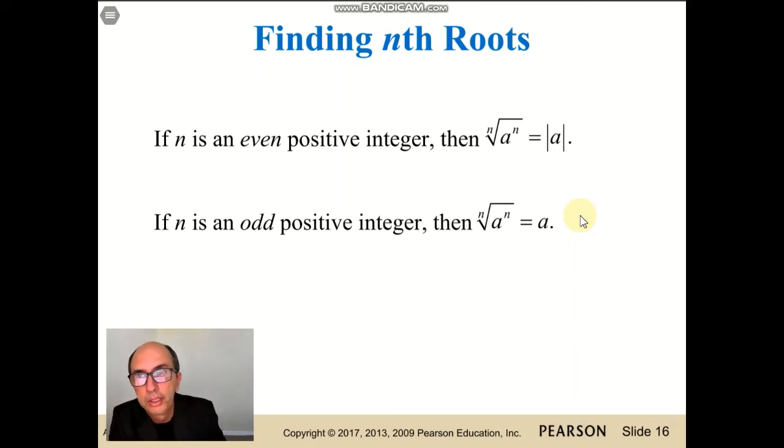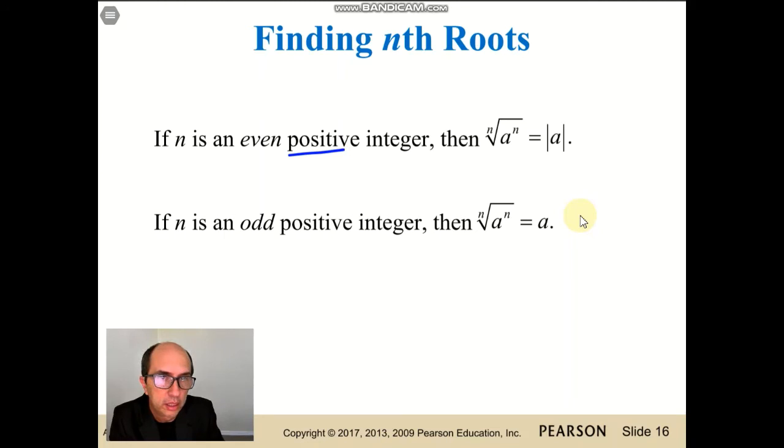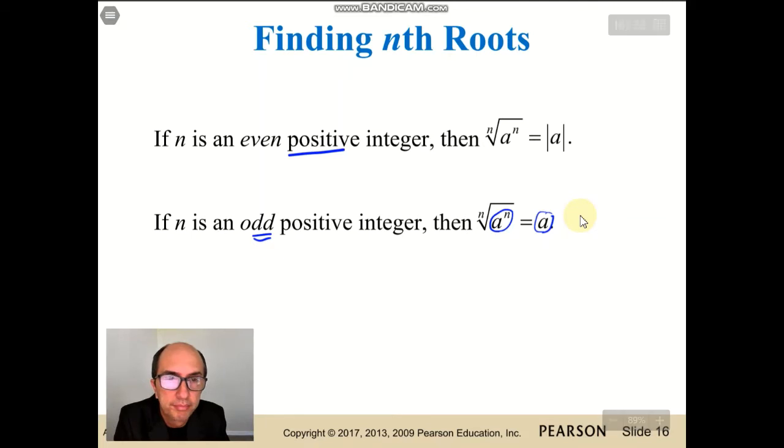If n is an odd positive integer, then the nth root of a exponent n equals a, because now you can have negative. If it's odd, you can have negative or positive numbers as a solution and as the radicand.